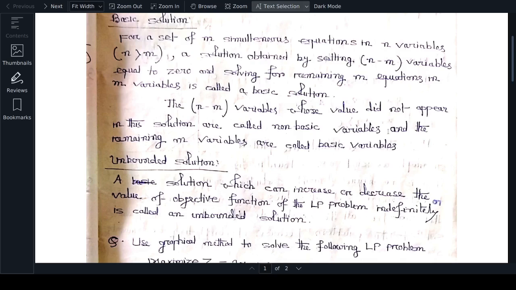So if x3 equal to 0, then x3 is the non-basic variable, and x1 and x2 are the basic variables.